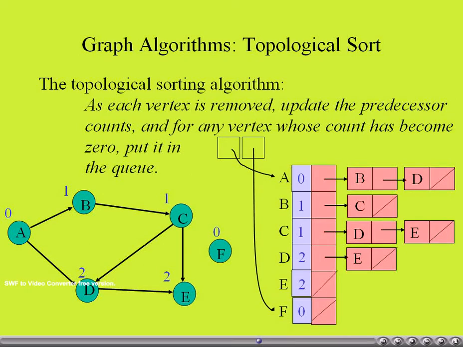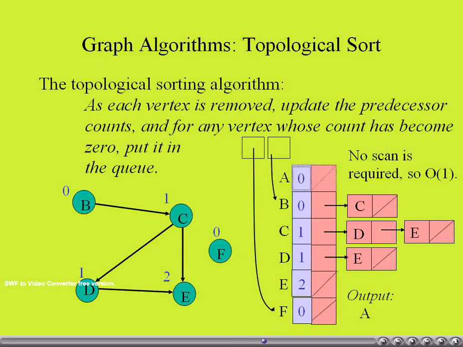When a vertex is removed, update the predecessor counts of all its adjacent nodes so that they are reduced by 1. And if any node's predecessor count becomes 0, push that node into the queue.